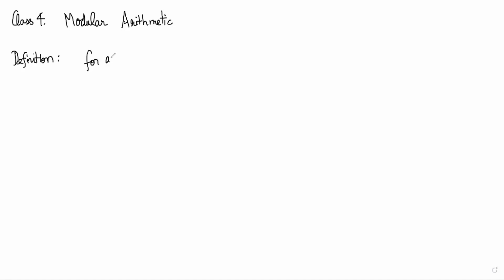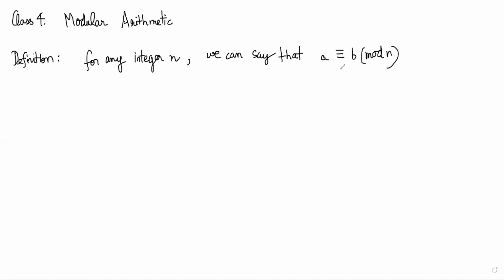For any integer n, we can say that A is congruent to B mod n if n divides A minus B. Here A and B are integers.